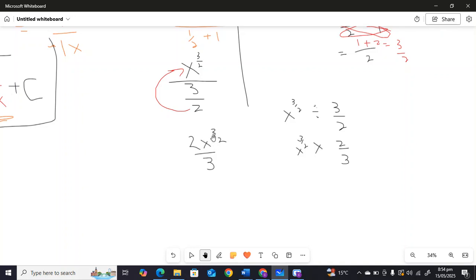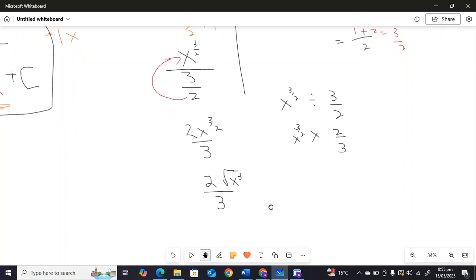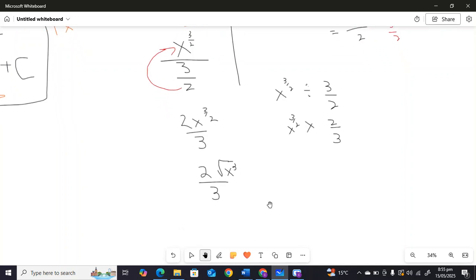So what does this become in root form? Square root of x to the power 3.